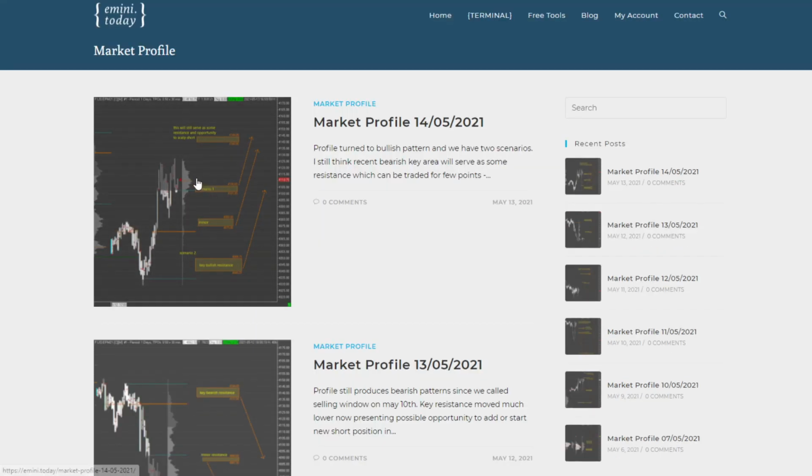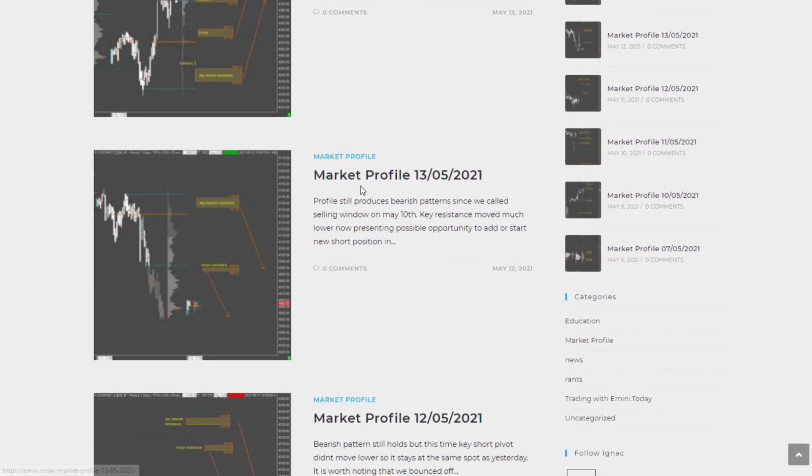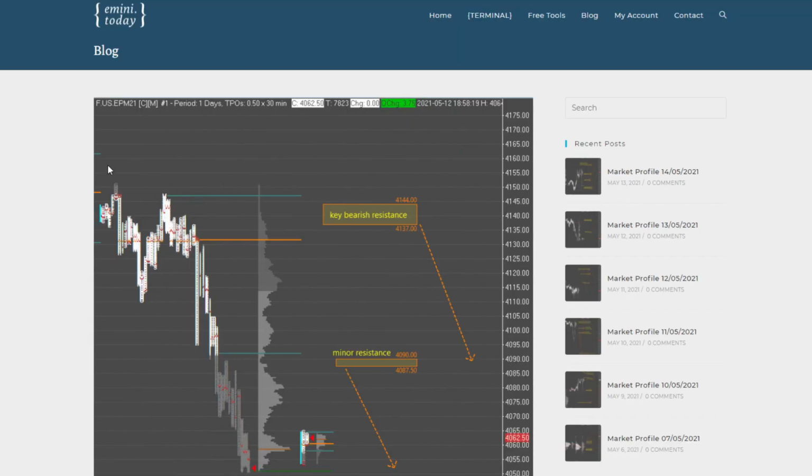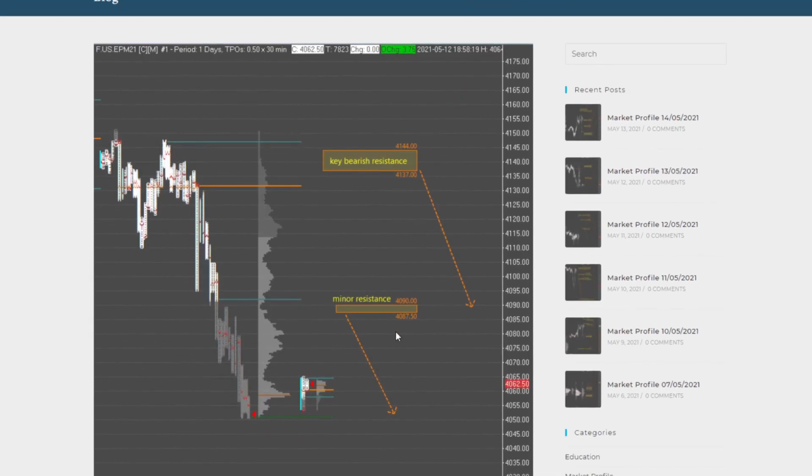So let's say we had on May 13th the bearish pressure, we had a level, and these levels are no longer valid. You can see sometimes that these levels are kind of important, and price interacts with them on the next day, even though this is not a valid profile anymore.